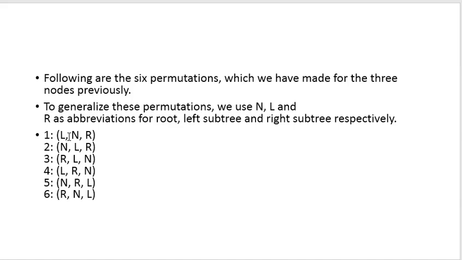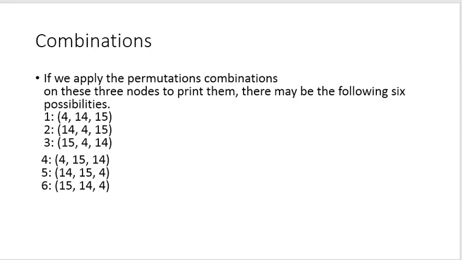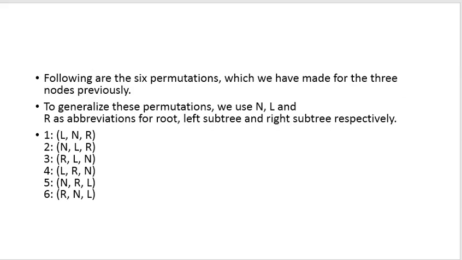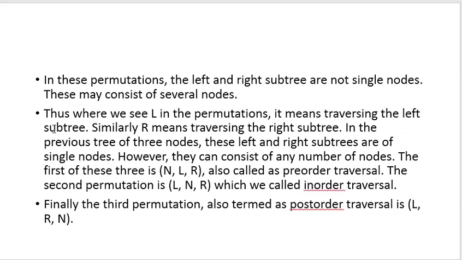So this is the left, and then the right, left and right, right, left and node, just like the combinations we have discussed. These are the same as those. In these permutations, the left and right subtrees are not single nodes. They may consist of several nodes.